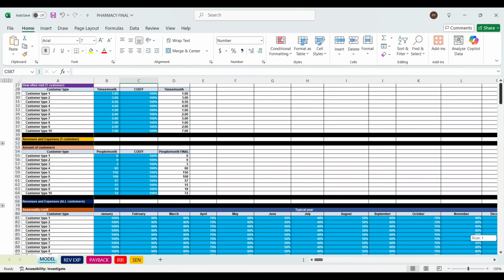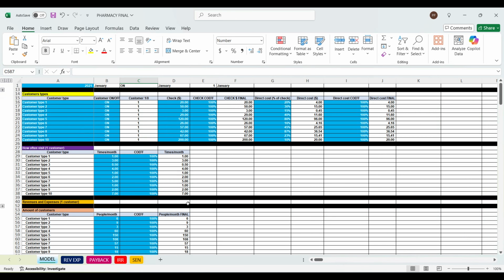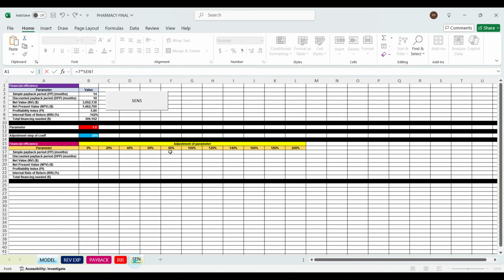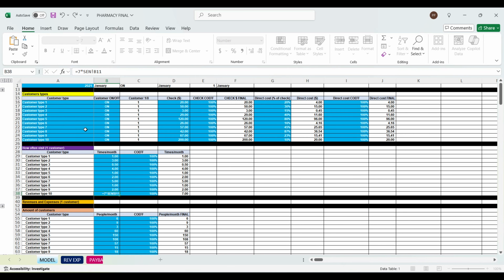So what you can do, you can go to the top, you can go to, let's say, customer number 10. You can add this sensitivity analysis parameter to this input, so you can multiply the inputs by this sensitivity analysis parameter. Press enter.